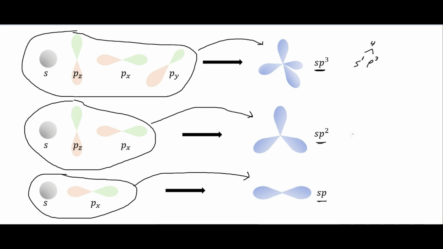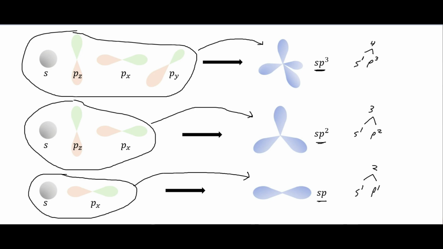With the sp2, the s has this implied 1, the p has 2. When we add them together, we get 3, and so that tells you that we are bound to 3 things. And then for the s and p, this is an implied 1, this is an implied 1. We add those together, we get 2. So it can bind to 2 different things.